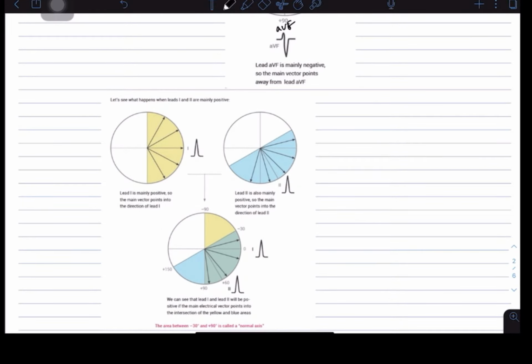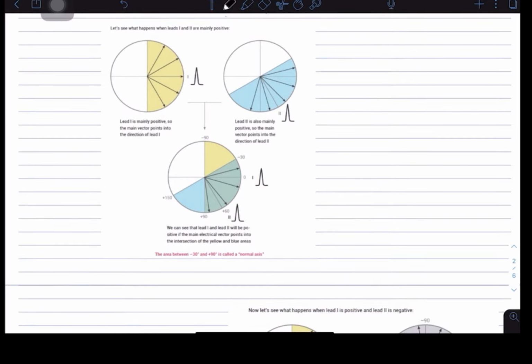So we are going to follow some rules to calculate the axis. First we are going to see lead 1 and after that lead 2. If lead 1 is positive, we see the next lead, lead 2. If both lead 1 and lead 2 are positive, then it's a normal axis.